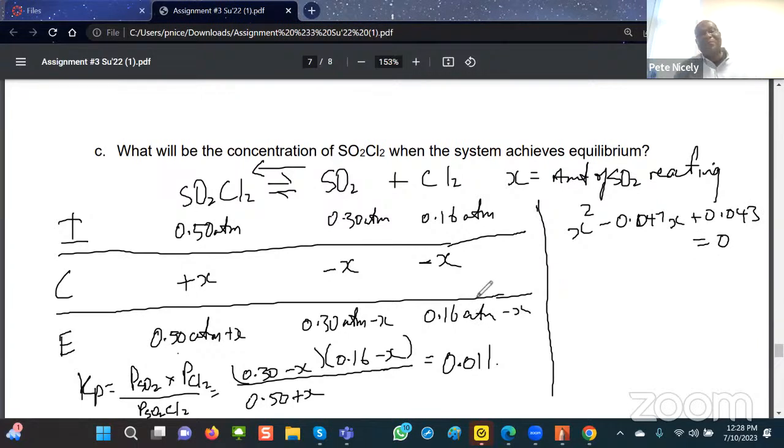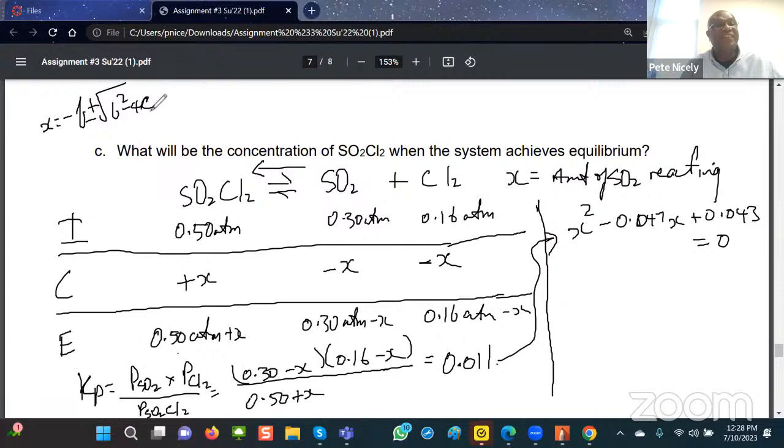So I'm jumping quite a few steps to get from here to here. And you'll notice that this equation is actually a quadratic equation, and therefore you can use the quadratic formula to solve it. Just to remind you what the quadratic formula is, x is equal to minus b plus or minus the square root of b squared minus 4ac, divided by 2a.